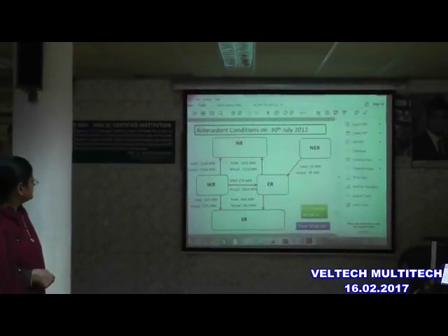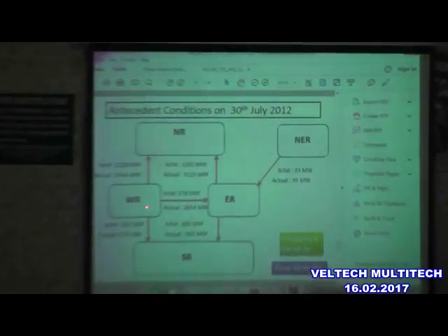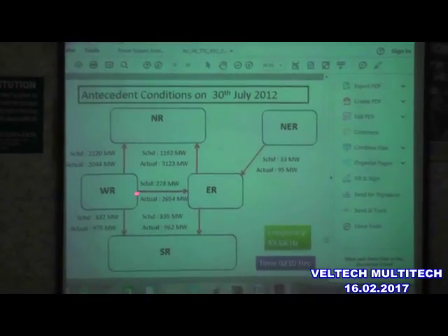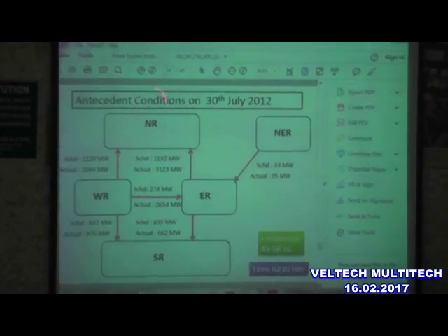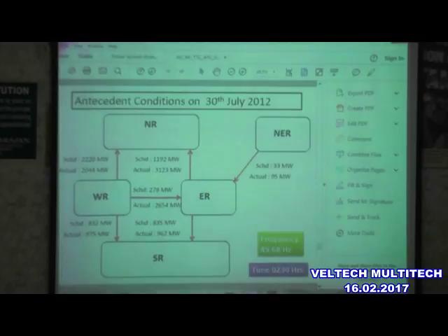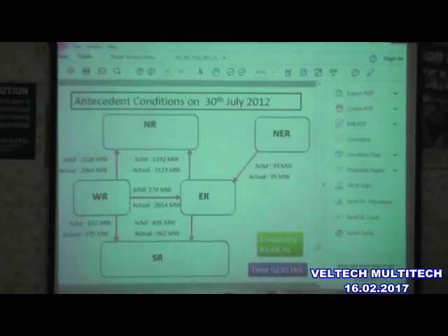WR. Where is WR? This one. Because the power here is now cut, it is not able to draw more power. It is not able to feed because the demand is more. Western region is not able to meet the excess demand asked by NR. So it is actually underdrawing, and that one is overdrawing. Such a situation has come.